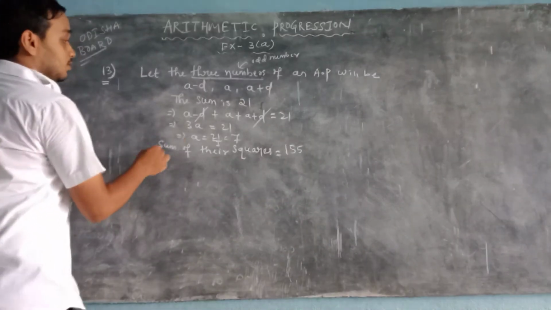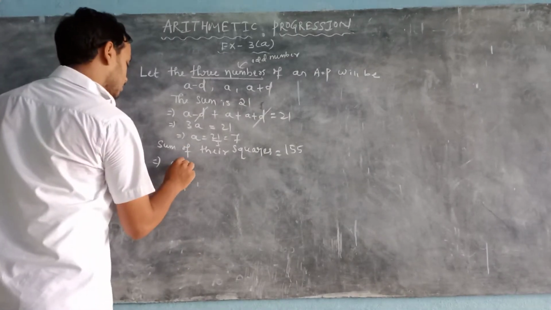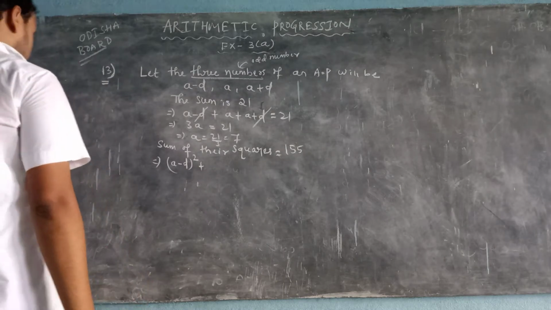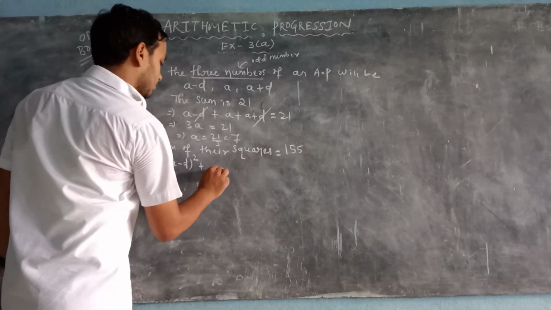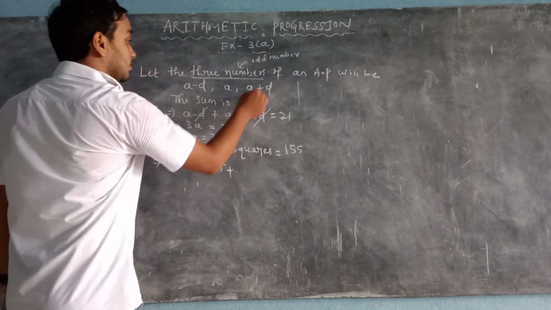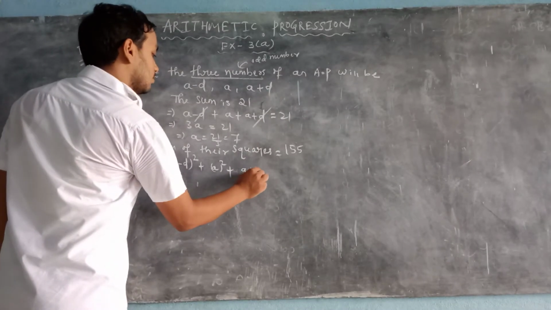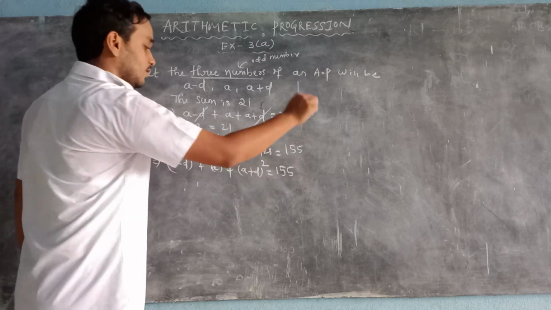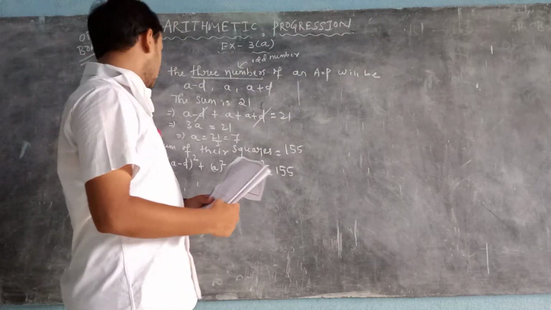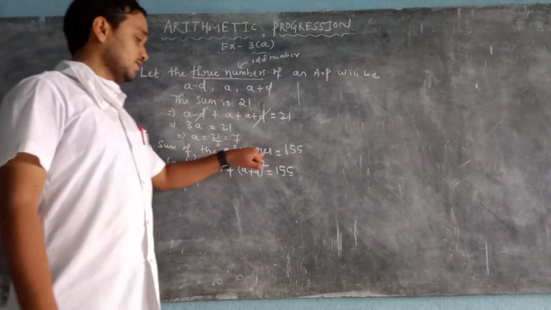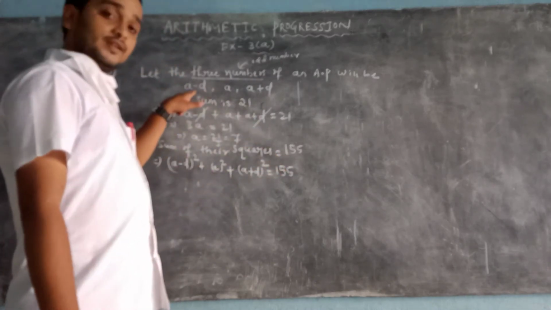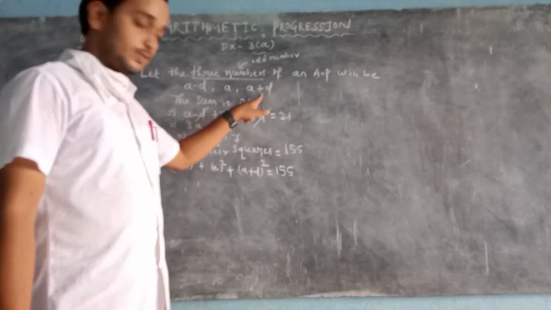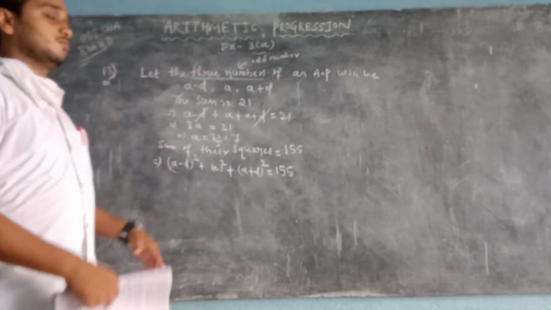So first A minus D whole square, then A square, then A plus D whole square is equal to 155. Because this is one number, this square, this is the second number, this square, and this is the third number, this square. Now we solve this.